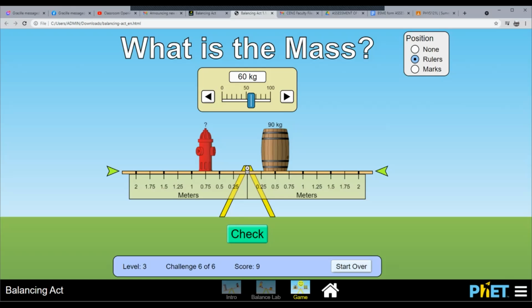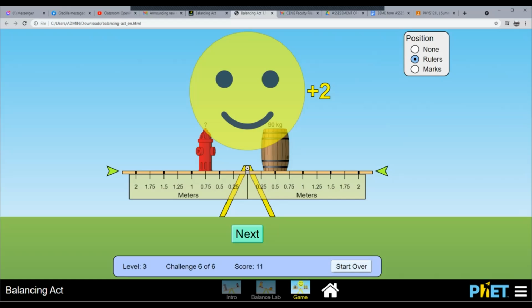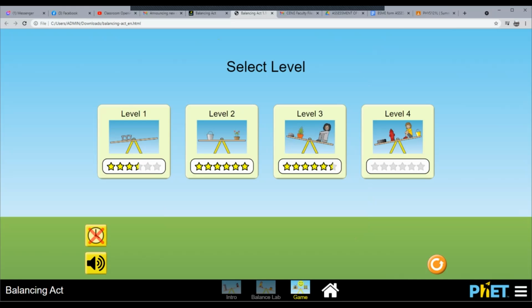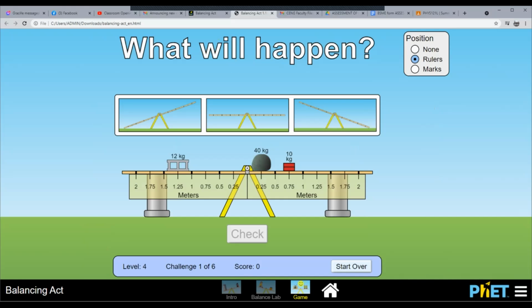Sige, try muna natin tong 60 kilogram. 60 kilogram is correct. So we got 11 out of 12 here. Okay, let's go to level 4.